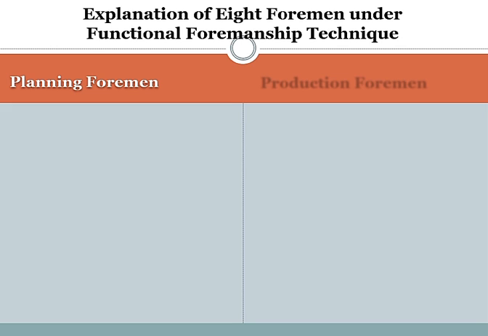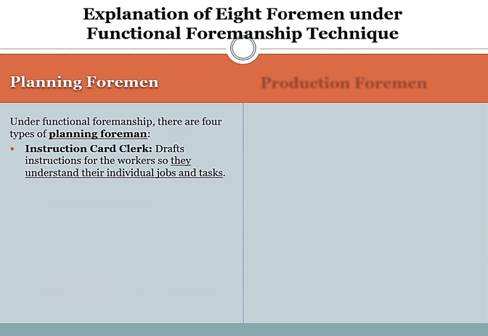The first categorization is under planning foreman. Instruction card clerk. The foreman under instruction card clerk drafts instructions for the workers so that they may understand their individual roles and tasks in the organization. Right.